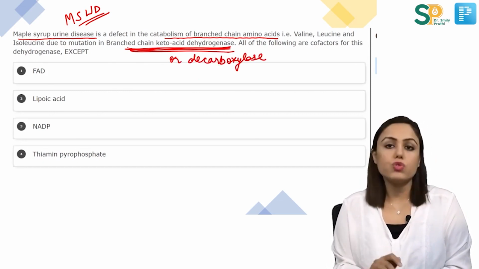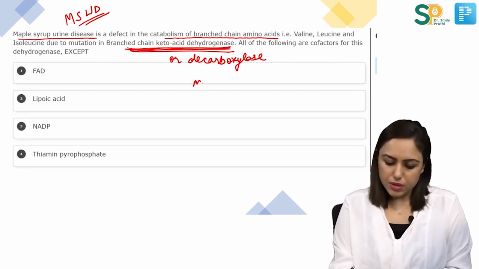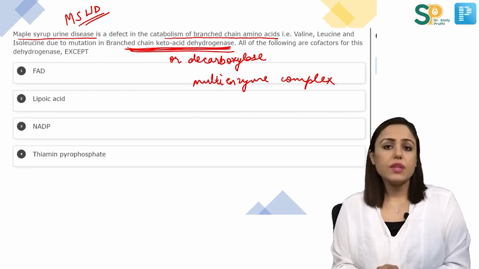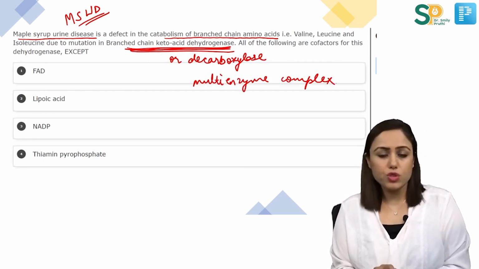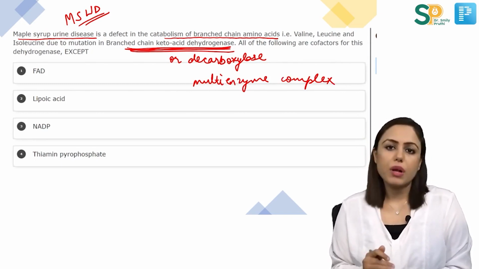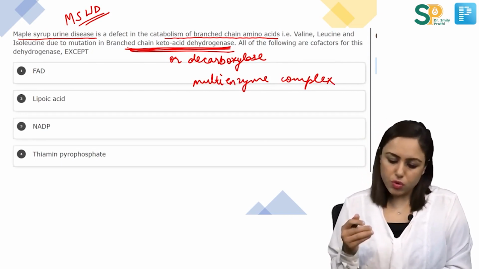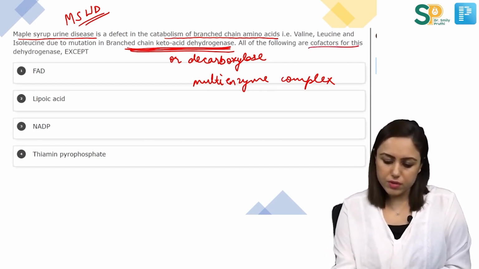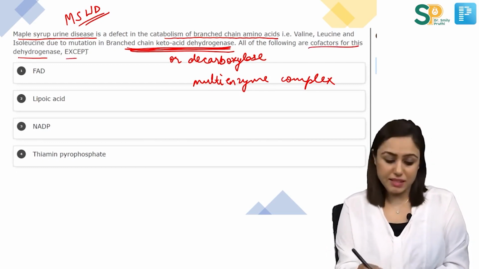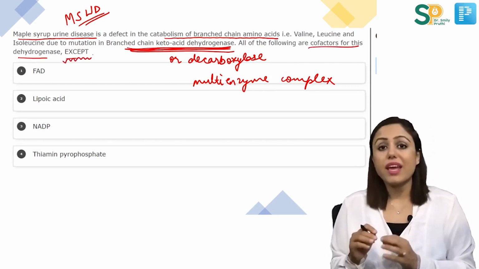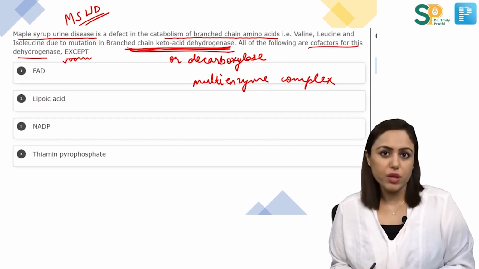Both names can be used for this enzyme. This is a multi-enzyme complex, like alpha ketoglutarate dehydrogenase of the TCA cycle. So, all of the following are cofactors for this dehydrogenase except. Be careful whenever the word except is given in the question, okay.